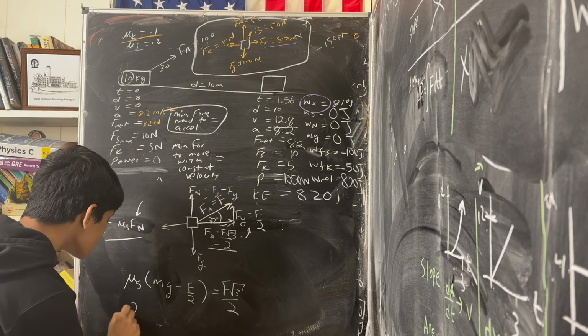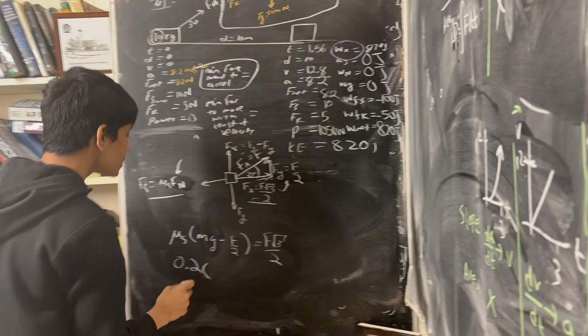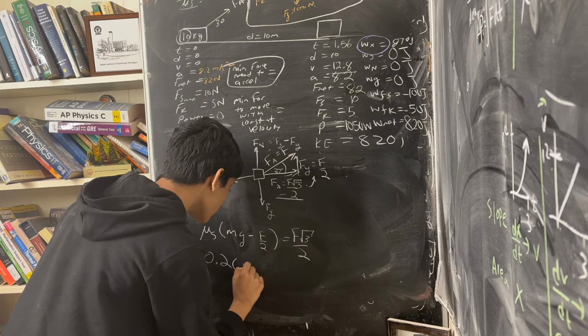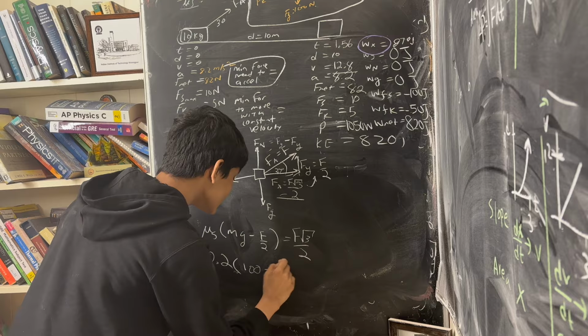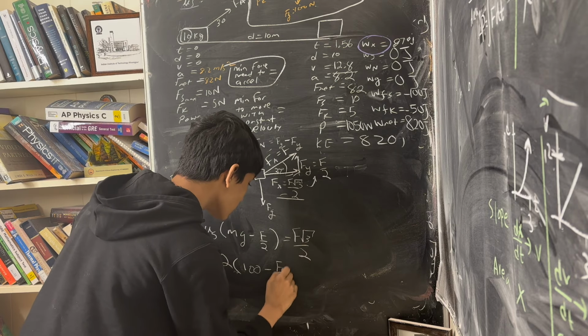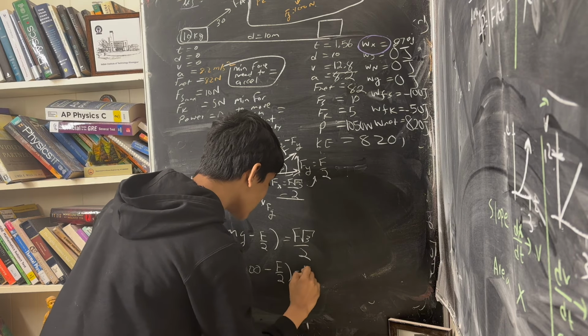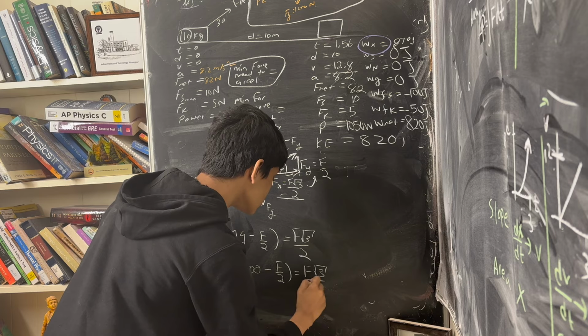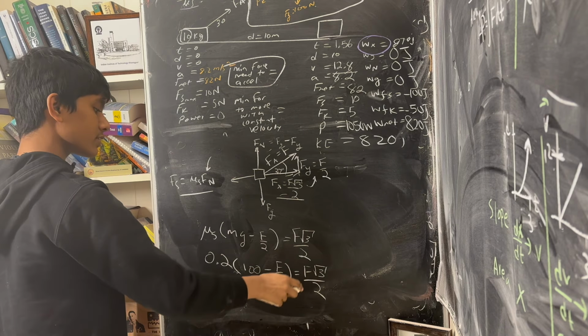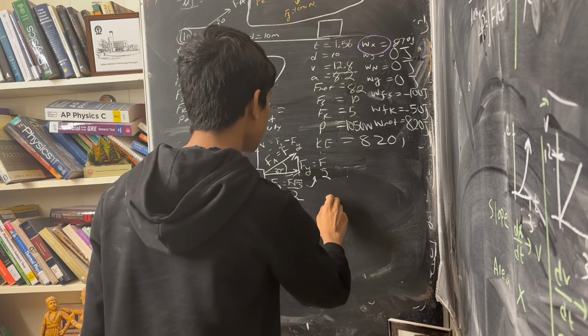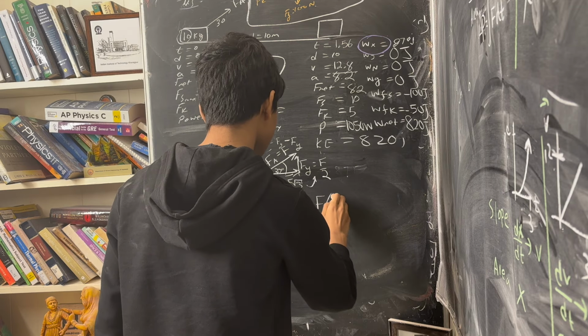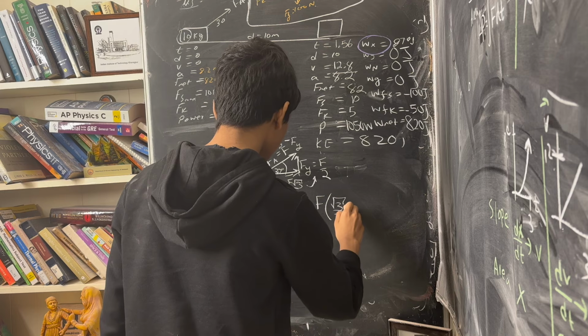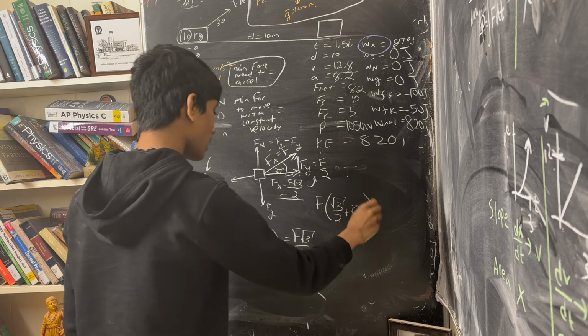So you get 0.2 times mg, which is 100, minus F over 2, has to be equal to F root 3 over 2. If you bring all of the terms containing F to this side, we get F times the square root of 3 over 2 plus 0.1.